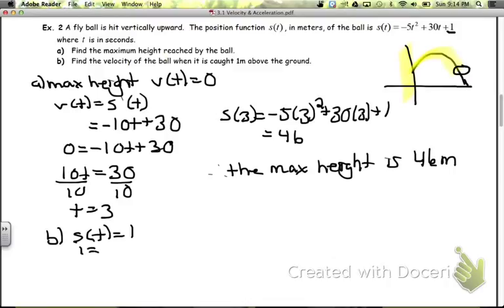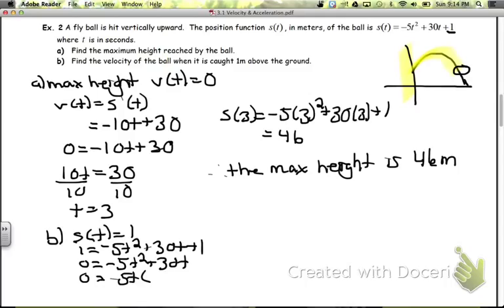So we set our position function equal to 1 and solve. We have 0 equal to -5t^2 + 30t. We can factor out a -5t, and we're left with t - 6. So that happens when t is equal to 0 or when t is equal to 6.